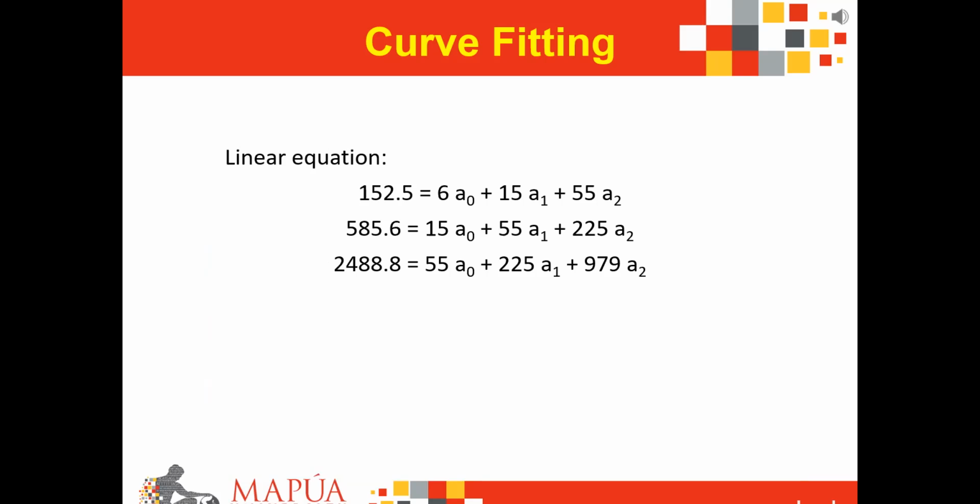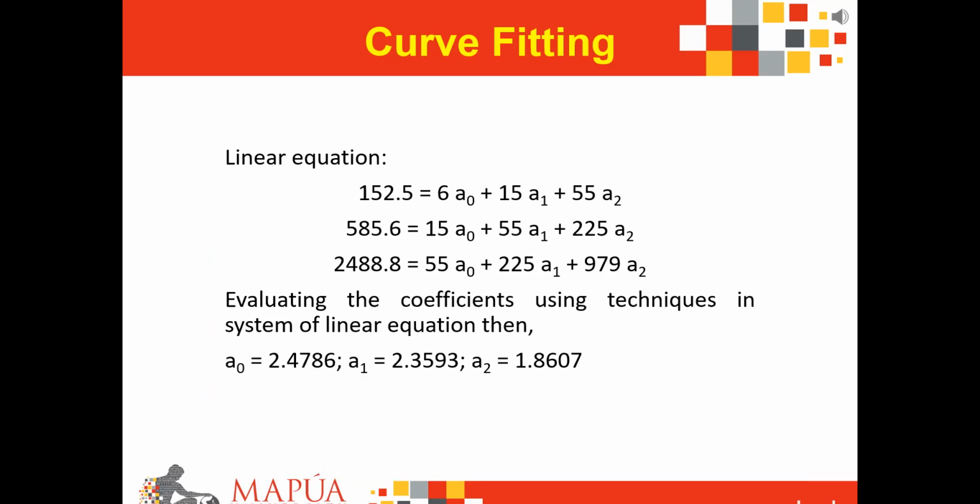And if you solve for the unknown variables a0, a1, a2 using any system of linear equations, you would end up with the following values: a0 is 2.4786, a1 is 2.3593, and a2 is 1.8607.